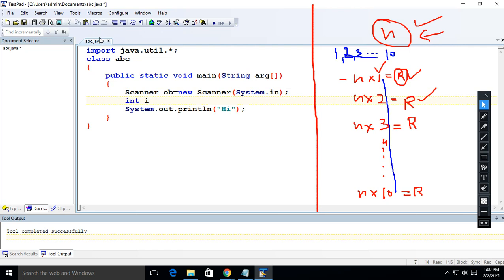One variable is required for the loop, one for the number and one for storing the term, like t. Am I clear? After that we will put a message, enter any number. Then you will store that number in a variable n, and for that we will write ob.nextInt. Till here is it clear?